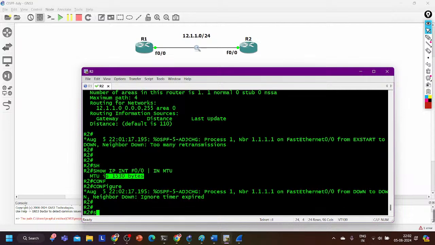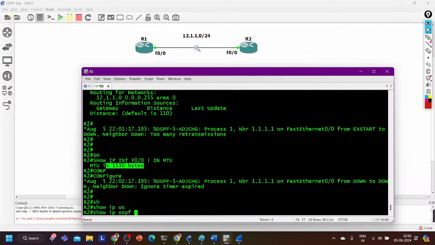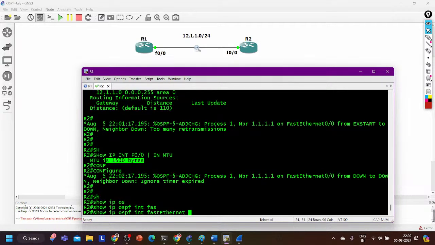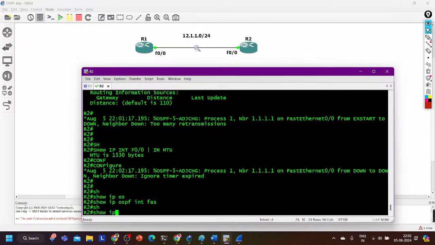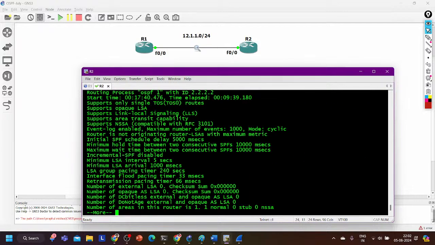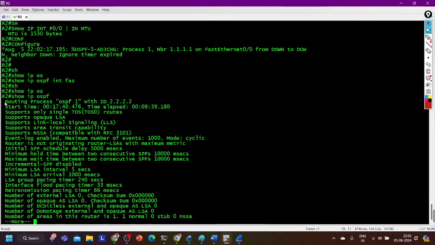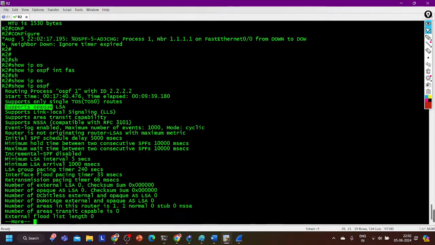This is the issue. So show IP OSPF interface FastEthernet 0/0. You can use this command also to check detailed configuration of OSPF on F0/0. And show IP OSPF is also one verification command, right? So you can read this output as well. Here you have information of router ID. What is the router ID of this router, right? These are for quality of service.